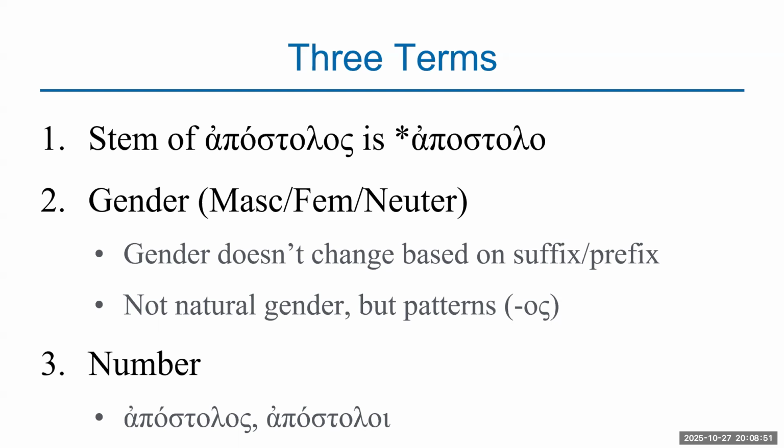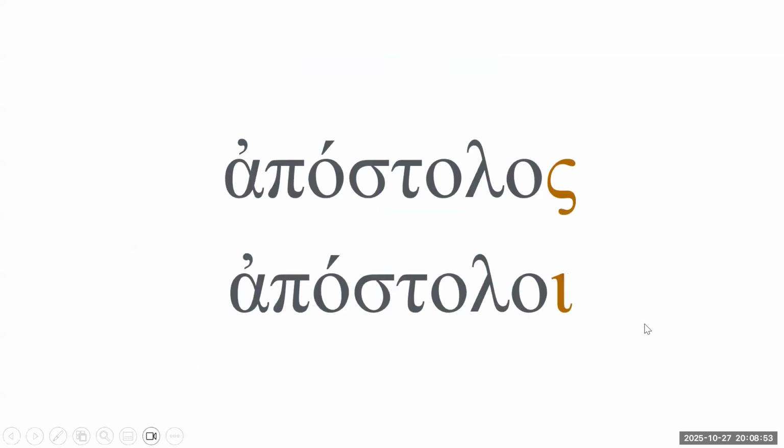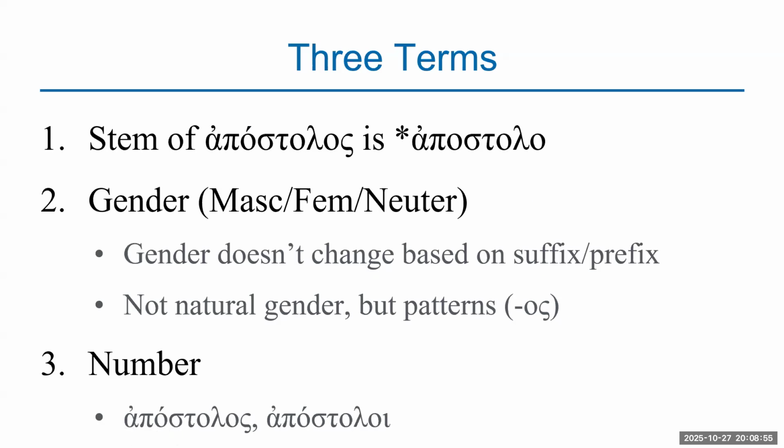We're going to talk about number in just a minute, but those suffixes are going to tell you the case, and the number. And in many cases, it's going to tell you whether it's masculine, feminine, or neuter.